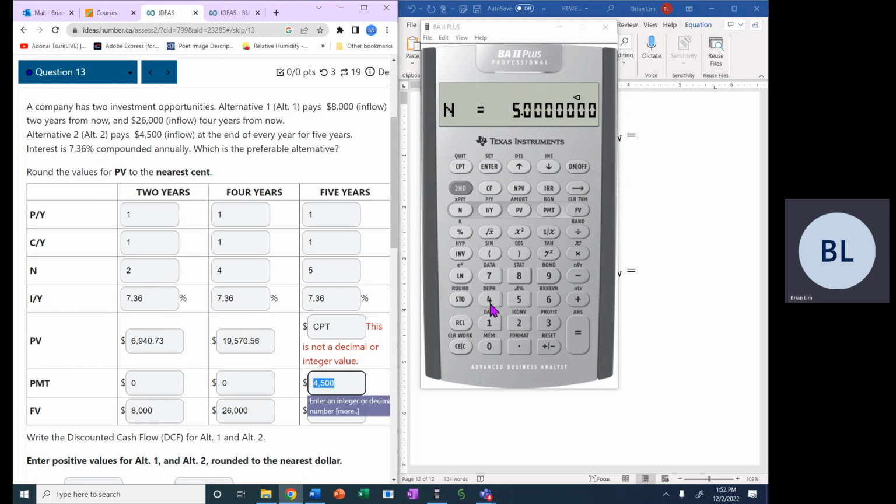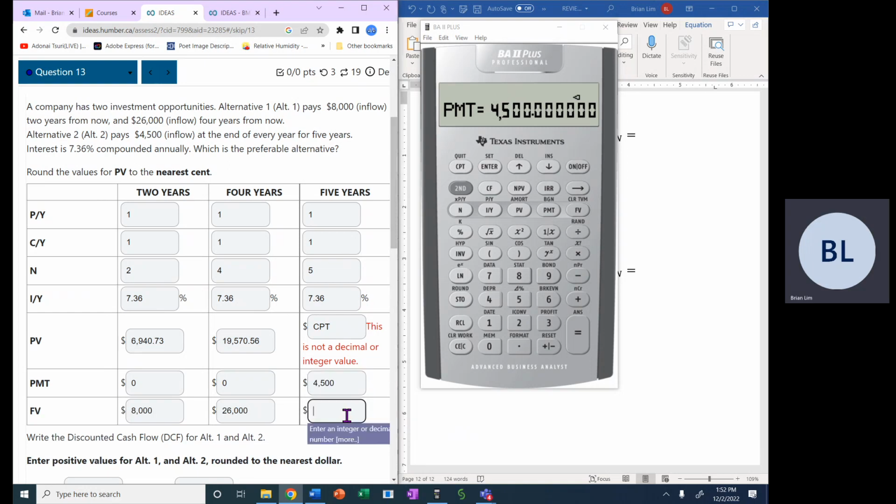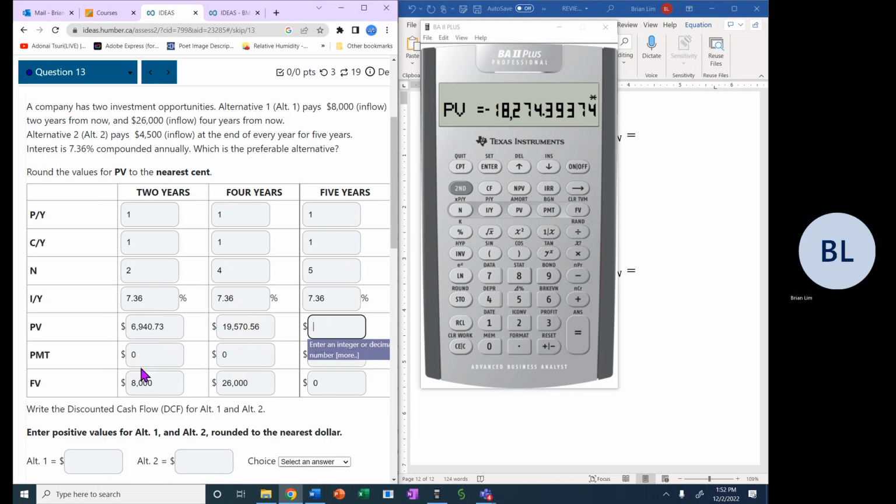Now we do have a payment of 4500, and the future value will be 0. Let's check to make sure the payment is 4500. We compute the present value, and we get a number that is 18,274.39. Okay, so there we are.